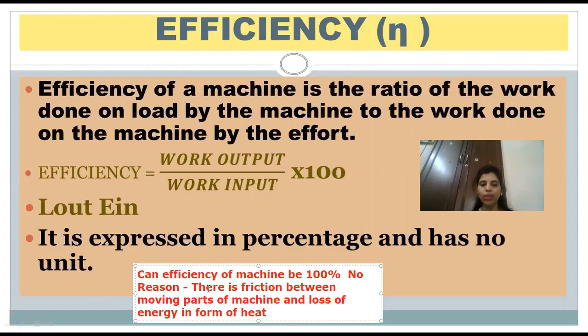These are the important questions. So just remember lout in: output, load, input, effort. Work input related to effort, work output related to load. And when you're writing the ratio, output in the numerator, work input in the denominator.